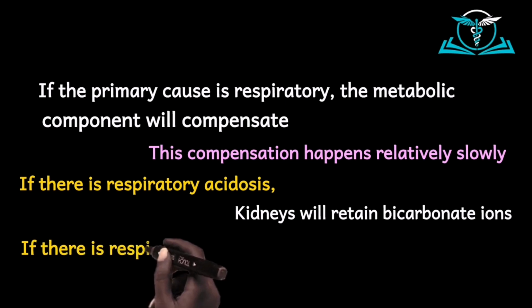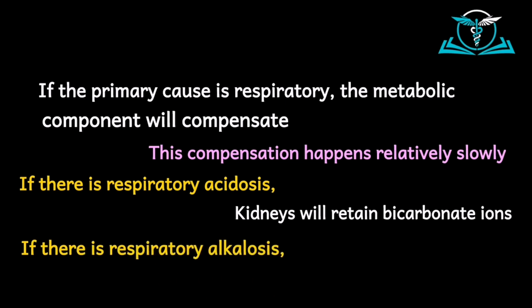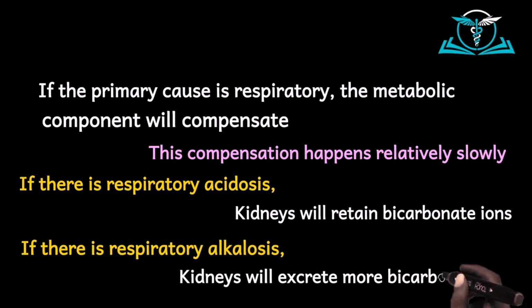And if there is respiratory alkalosis, because there is so much alkalemia, it means that the hydrogen ion level is down, and so the kidneys will try to compensate by excreting more bicarbonate ions. That is the rationale. So you will note that the kidneys compensate when there is a primary respiratory problem.